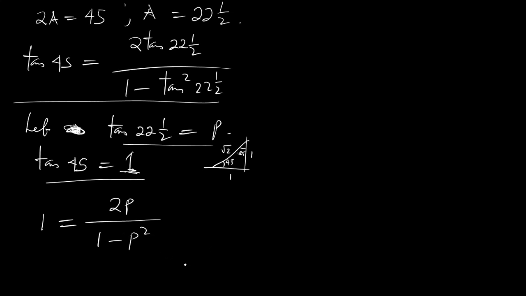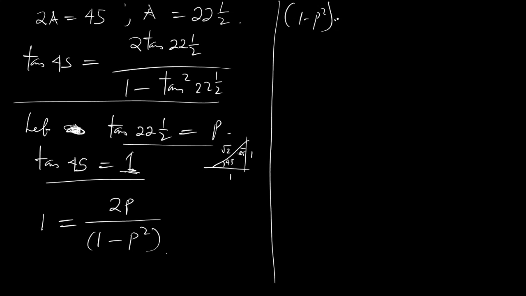Now if we multiply both sides of this equation by the denominator, you now have 1 minus p squared times 1 is equal to 2p over 1 minus p squared times 1 minus p squared.